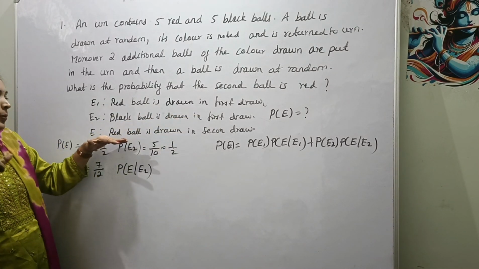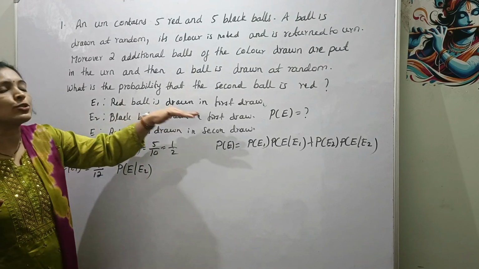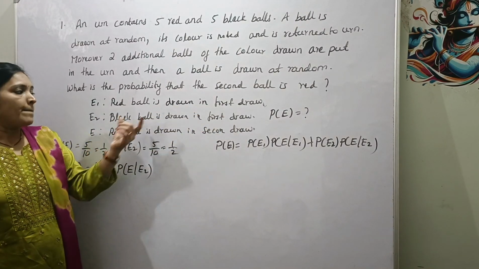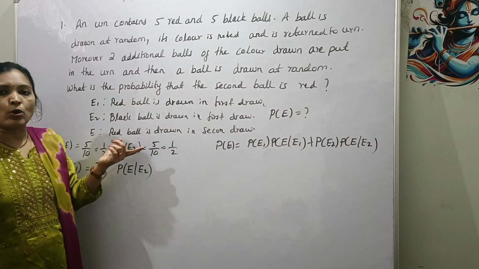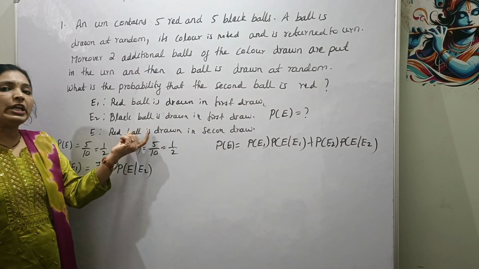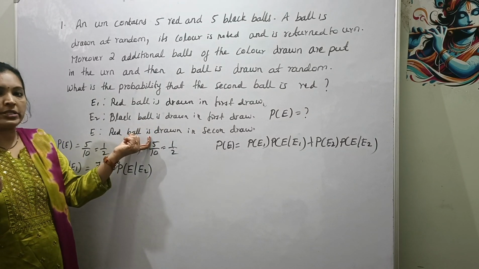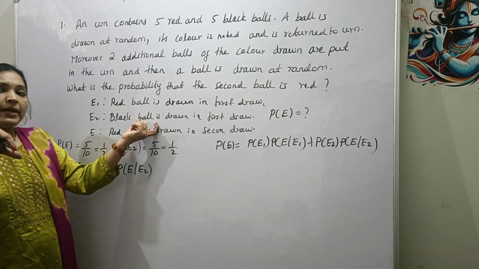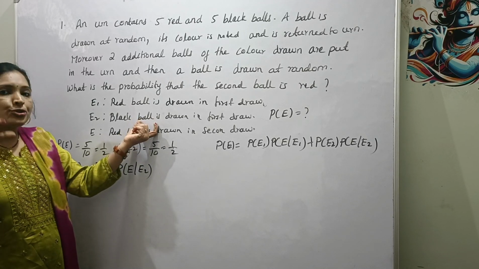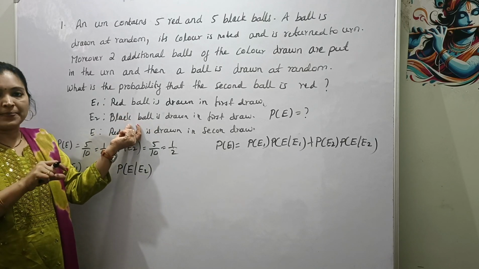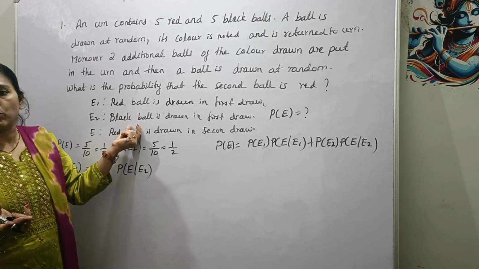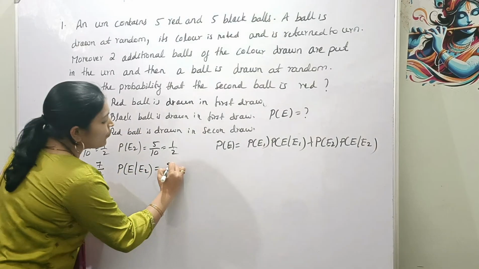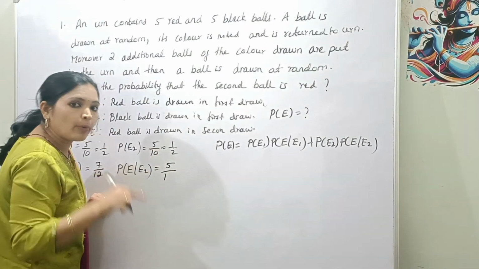There are 7 black balls, but here we need the number of red balls, right? So there are only 5 red balls, because the ball drawn the first time is black. Therefore there are 7 black balls and 5 red balls. Therefore here 5 divided by a total of 12 balls.